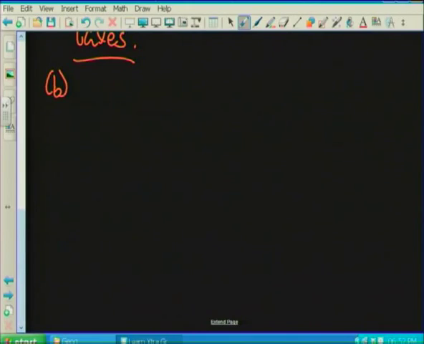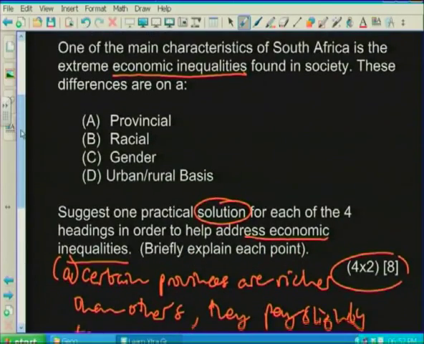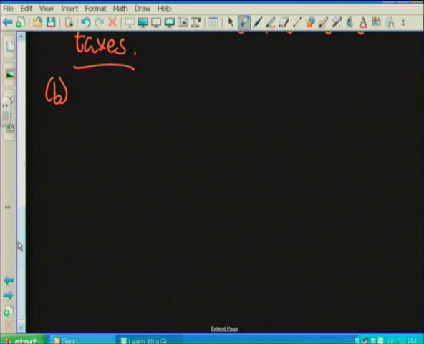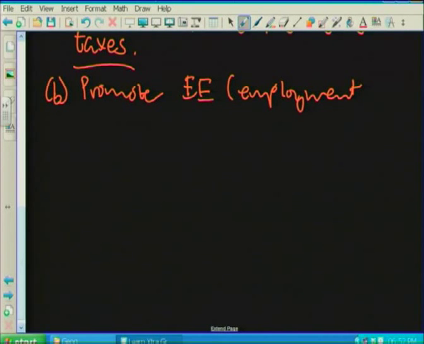Okay, 2 marks. B, the next heading there is racial. What sort of racial healing processes, reconciliation, etc., could be done? So we could promote more employment equity. Again, another contentious issue, and if you've been watching the news lately, with all those things that come up about paintings, etc., this is the type of thing we have to do.